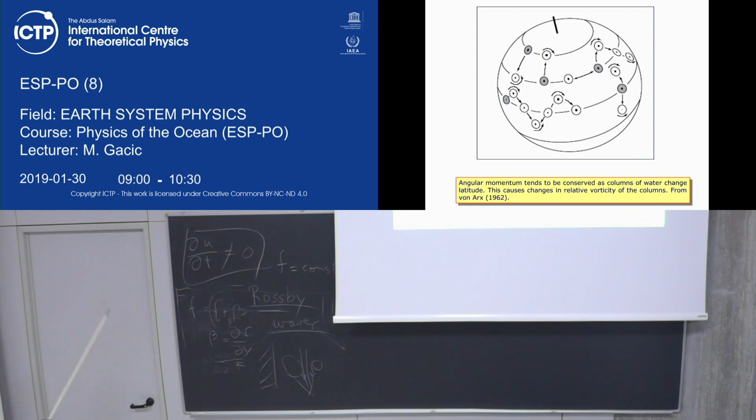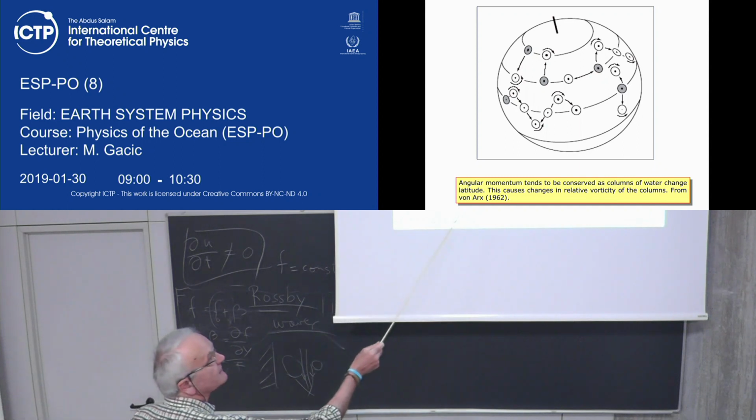And so we should take into consideration these changes of the Coriolis parameter, which again, I already showed you this thing, starting from the simple physical concepts.